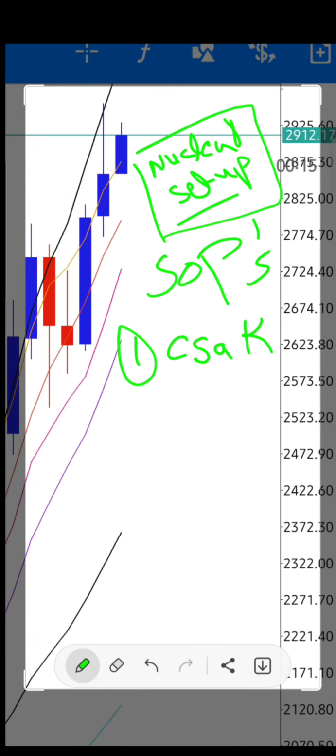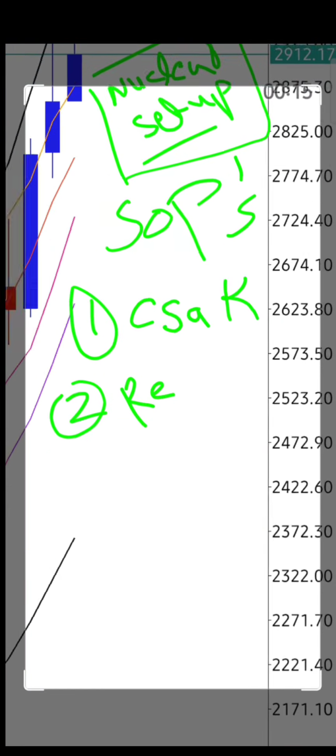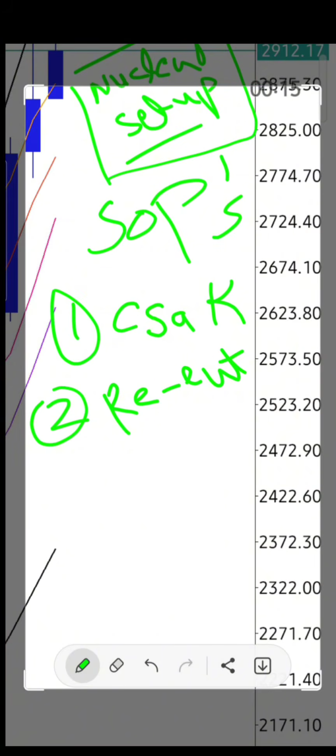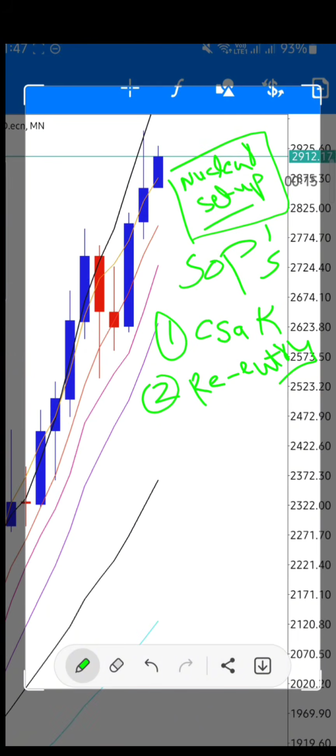And the second thing is the re-entry of the CSAK. It's a common thing in BBMA that after every signal, like CSM, CSA, CSAK, price likes to go for the re-entry. It's a basic concept of BBMA. So definitely after the CSAK, price wants to go for the re-entry area. So that is our second SOP.